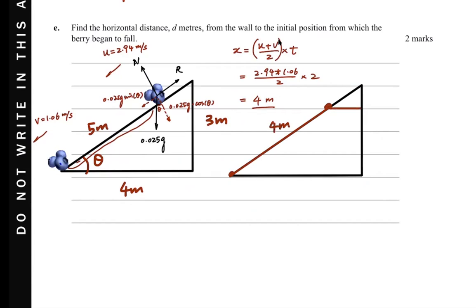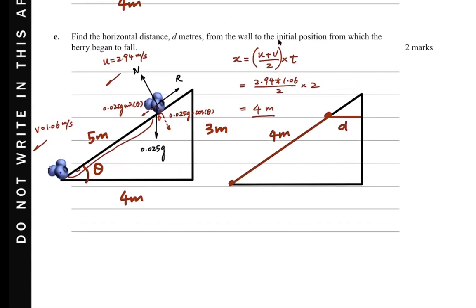The distance d meters from the wall is here. This is 1 meter. So I'm going to use d here. The whole distance from here to here is 4 meters, so this bit is 4 minus d.